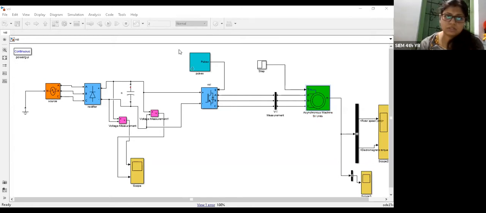One minute. This is the asynchronous machine performance.